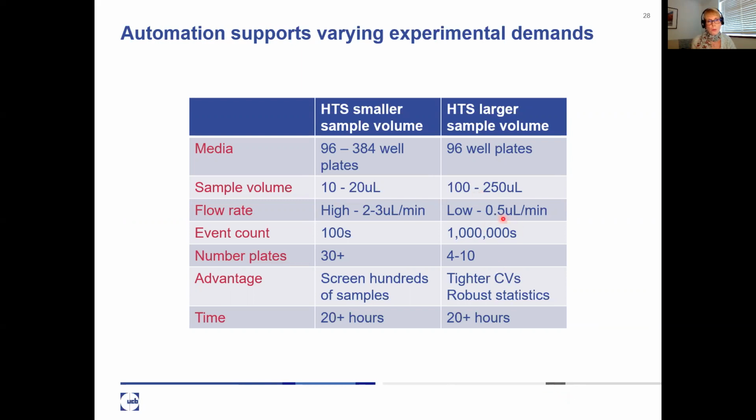So we can look at the high-end element associated with screening perhaps in antibody discovery, and then for assessing samples and perhaps doing a deeper phenotyping, we might want to use larger volumes and run them at a lower event rate. But it's still high throughput in that there still could be 4 to 10 plates, and it can still take quite a long time to run these samples.